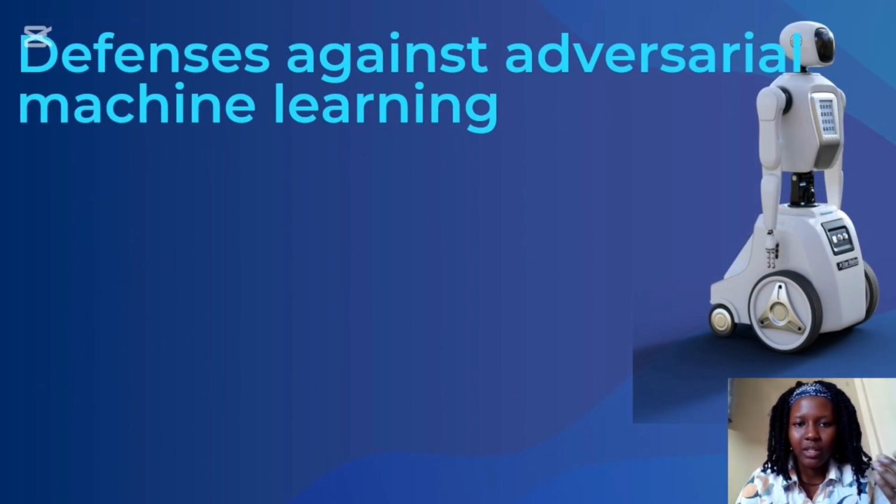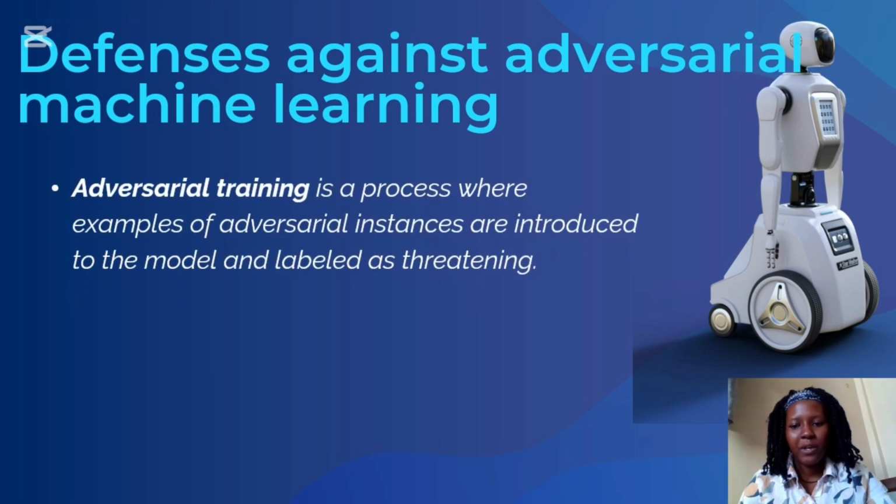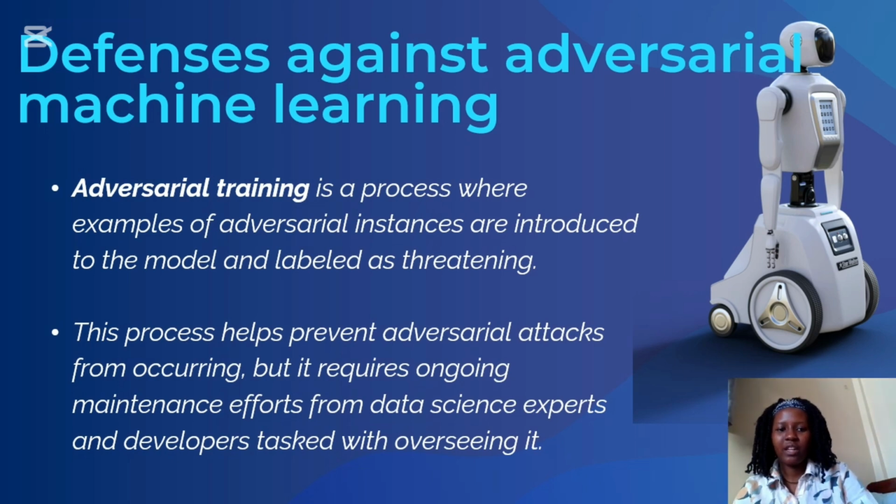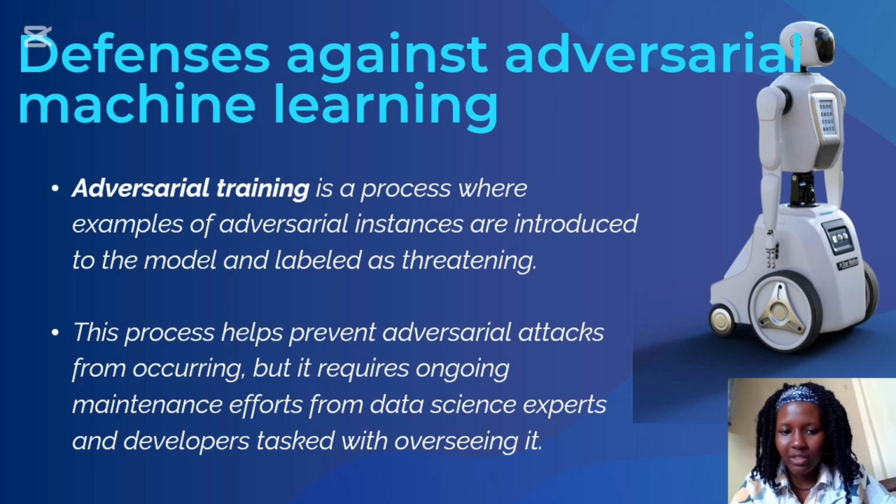So we want to see the defenses against adversarial machine learning. First of all, we have adversarial training, which is a process where examples of adversarial instances are introduced to the model and labeled as threatening. This process helps to prevent adversarial attacks from occurring, but it requires ongoing maintenance efforts from data science experts and developers tasked with overseeing it.